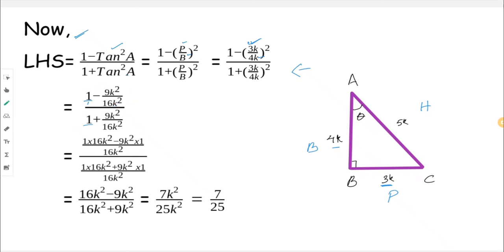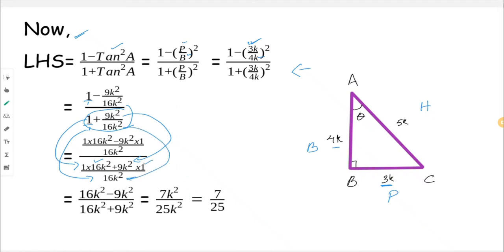We'll do the same thing with the lower one. Remember that 1 is here. My LCM will be 16k square again, which I have written here. Now let's start again. The 1 on the numerator, and 1 how many times is 16k square? 16k square times. What is my next numerator? 9k square, so I've written 9k square. Then 16k square goes 1 time.